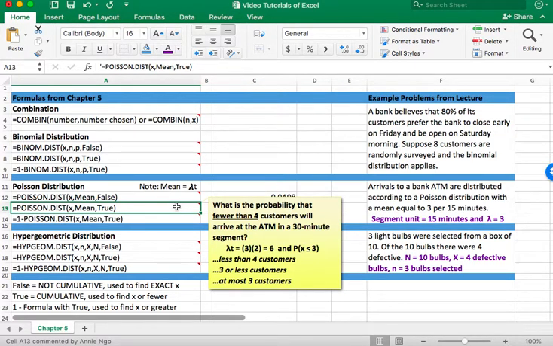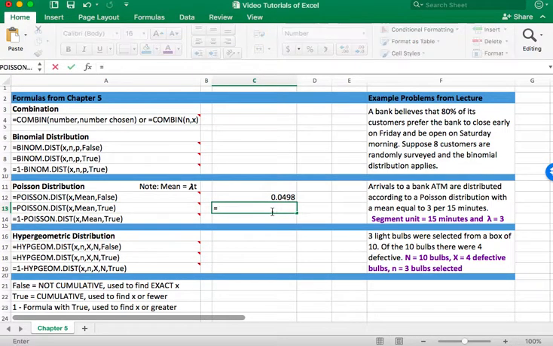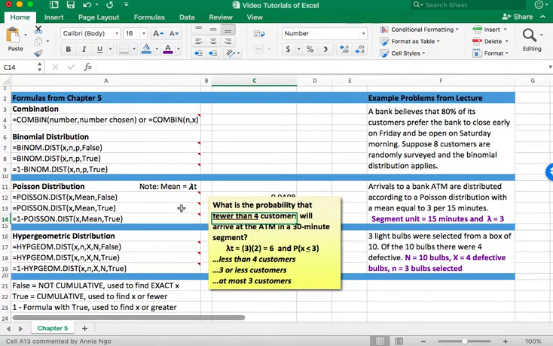So let's go ahead and plug in our numbers. Again, we've got equal sign Poisson distribution. Our x is 3. Our mean is 6. And we'll type in the word true. And that will give us the probability for when fewer than 4 customers will arrive at the ATM in 30 minutes, or the probability that x is less than or equal to 3.